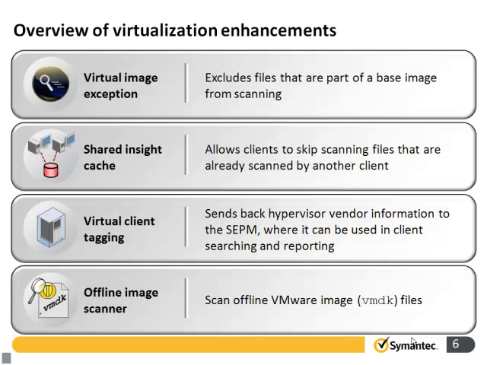This allows the clients to skip scanning files that have already been scanned by other clients. Virtual client tagging enables the administrators to tag all the virtual clients and therefore make it easier for them to group together and apply specific policies. Offline image scanner enables you to scan the VMware offline images, the VMDK files.